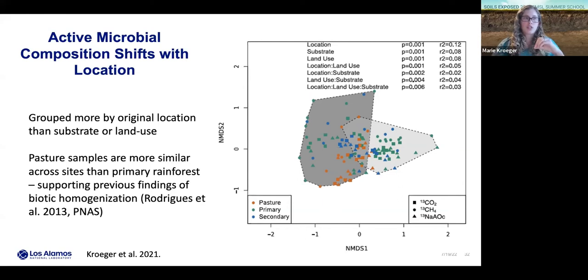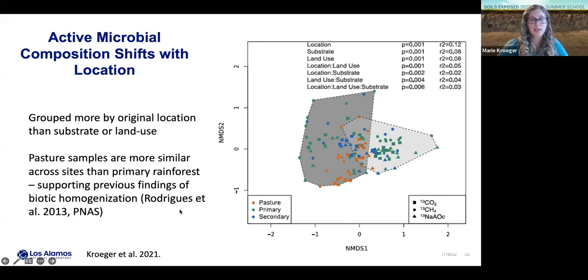These locations that I showed you on that map are very far apart, so it shouldn't be that surprising, but it is somewhat supportive that our incubation in the lab with those different soil cores didn't significantly shift the community structure.